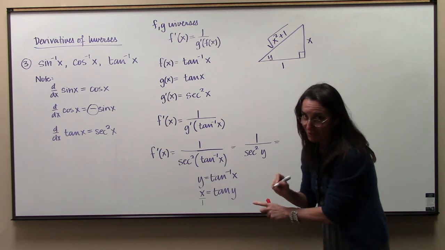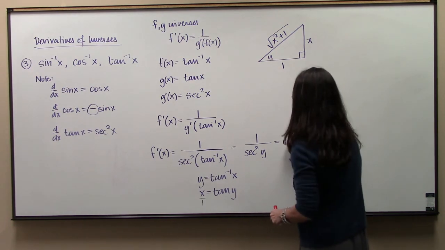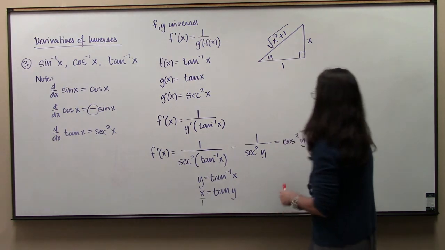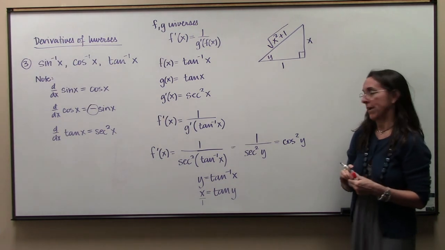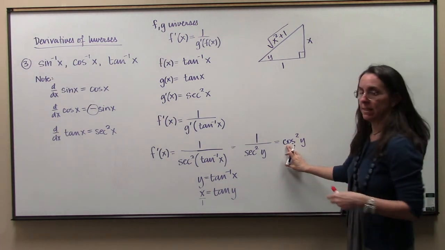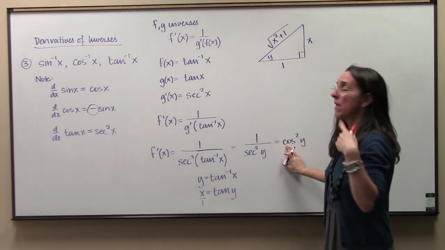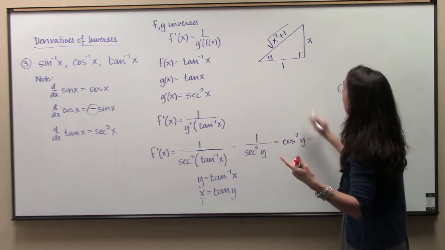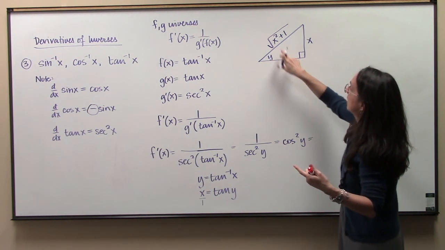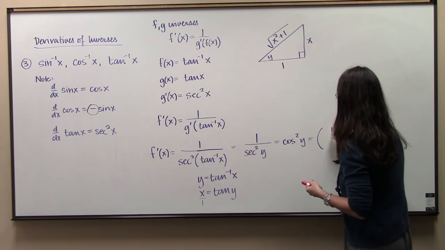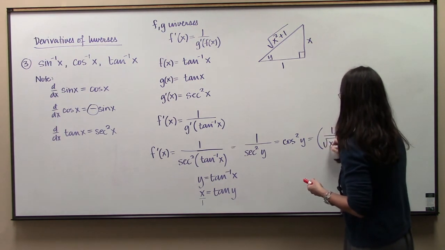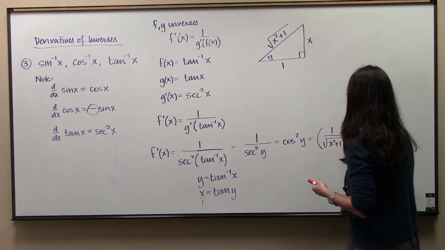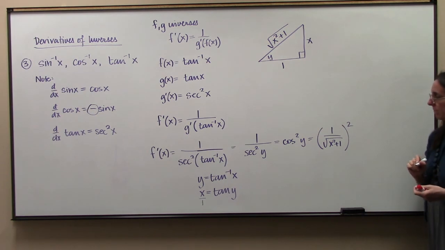And you remember from trig, right? This is the same thing as the cosine of y squared. And cosine is the adjacent over the hypotenuse. So for this angle, adjacent is here and hypotenuse is there. Right?